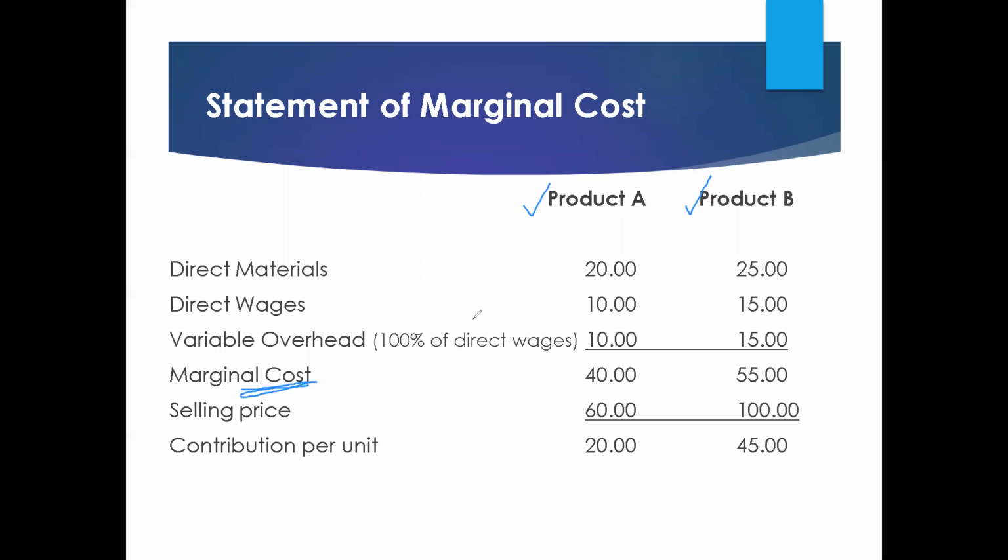Direct material is given in the question, that is 20 rupees for product A and 25 rupees for product B. Likewise, direct wages are 10 rupees for product A and 15 rupees for product B.